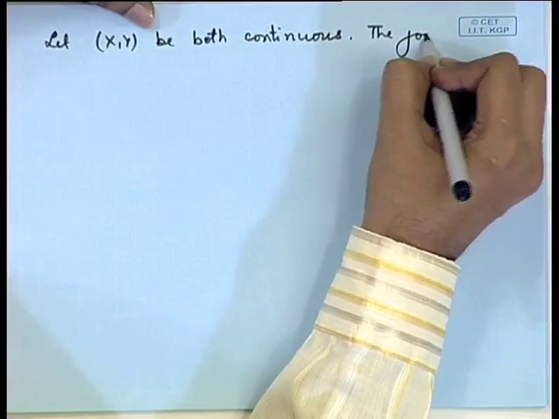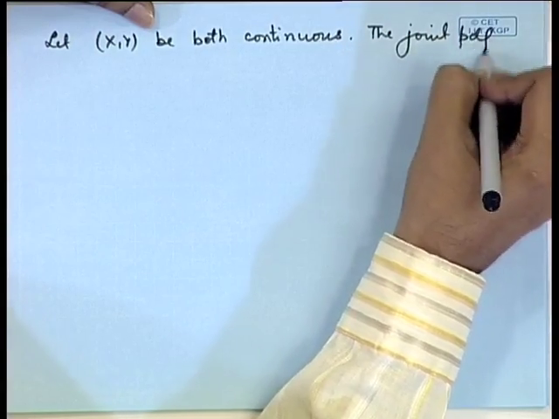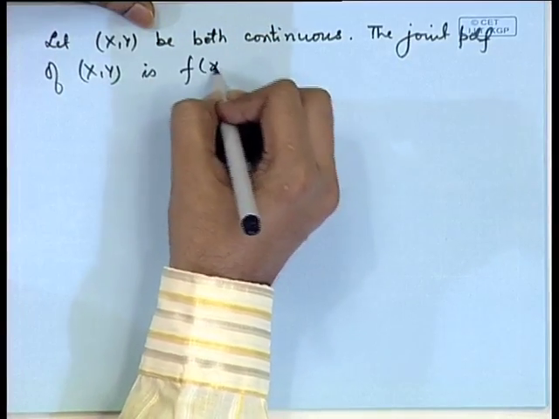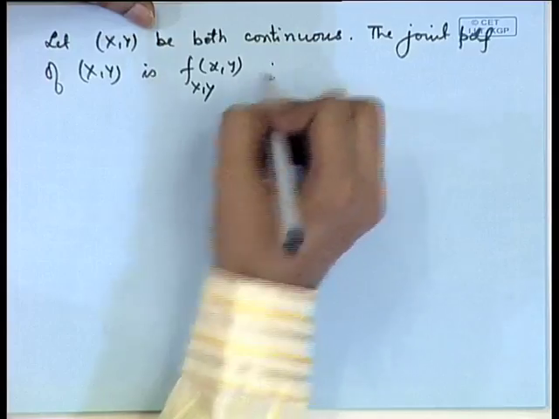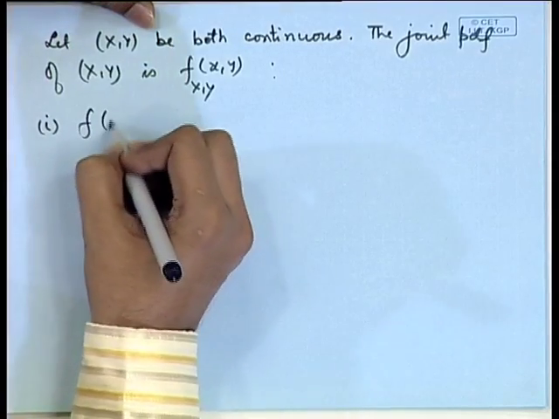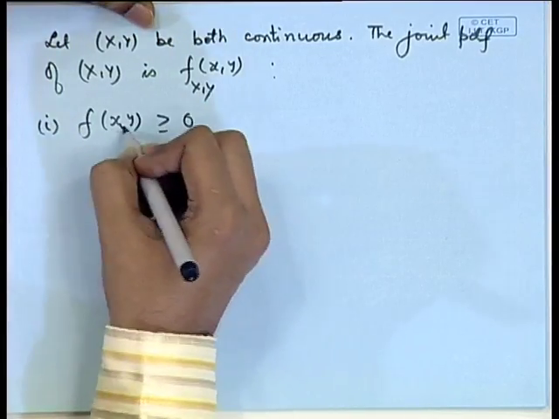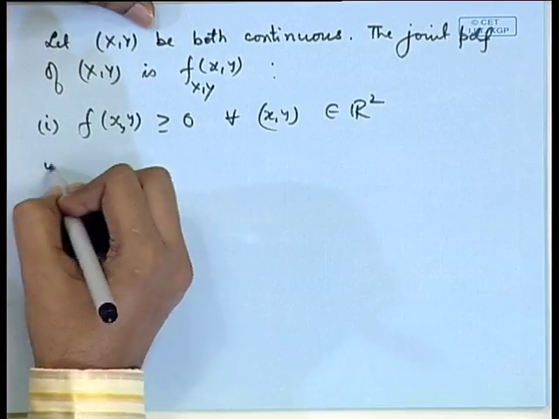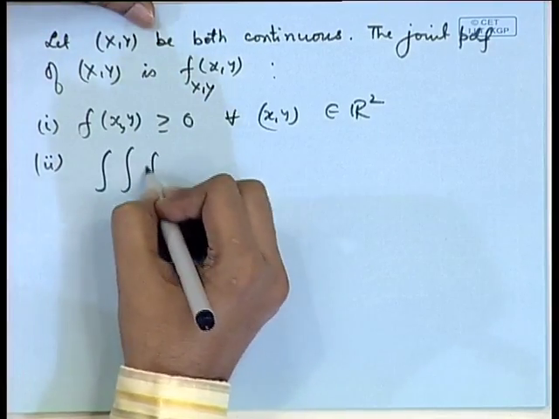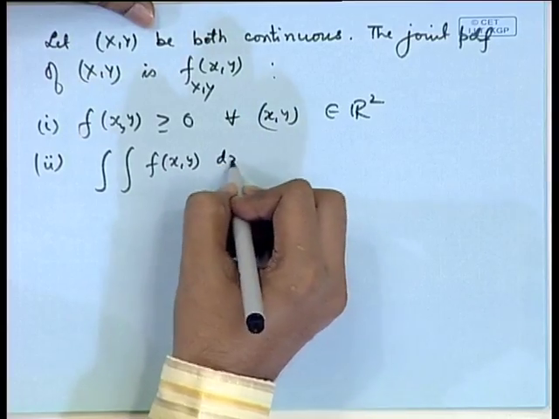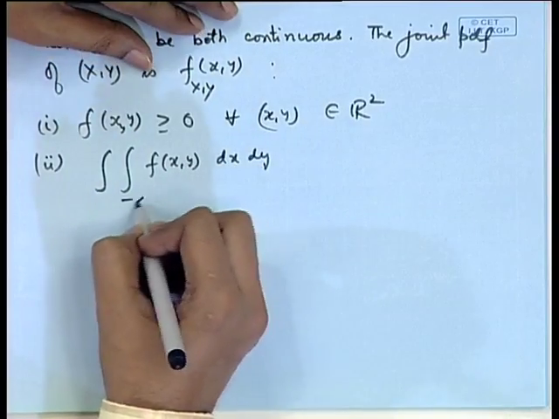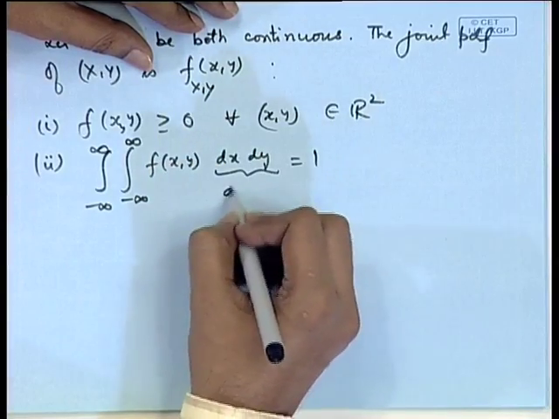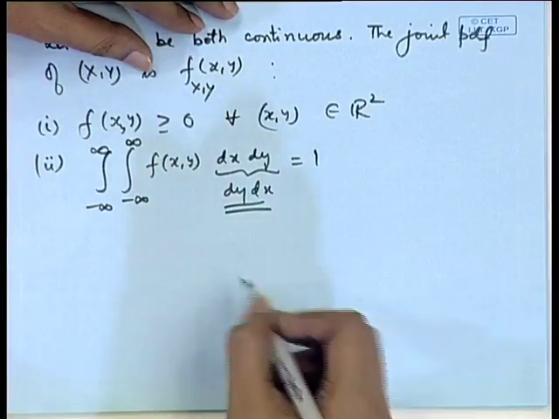The joint probability density function of (x, y) is f_{x,y}. It has to be a non-negative function. The integral over the whole range with respect to both the random variables is 1. Here, in place of dx dy one may write dy dx also.